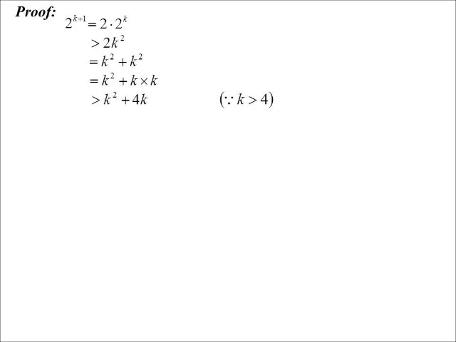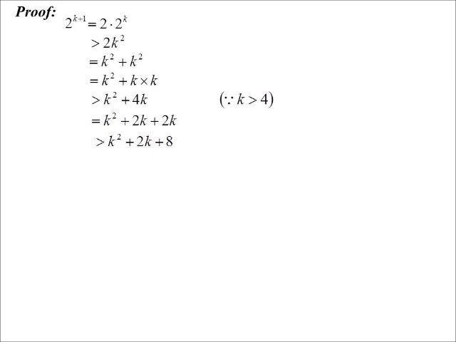Alright, remember what we're trying to get. We're trying to get k squared plus 2k plus 1. So that 4k, I'm going to rewrite as 2k plus 2k. So now if I can show 2k is greater than 1, well, I can use the idea that k is greater than 4 again. So 2k, that second 2k, must be greater than 8.